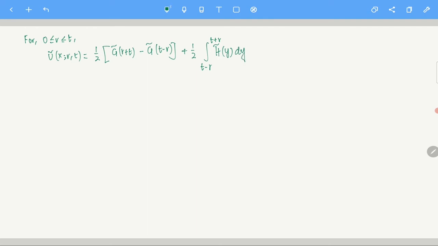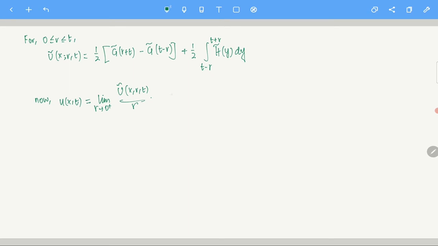Now, can I write it like this? u(x, t) is the limit as r tends to 0 plus of Ũ(x, r, t) divided by r. Why can I do it?